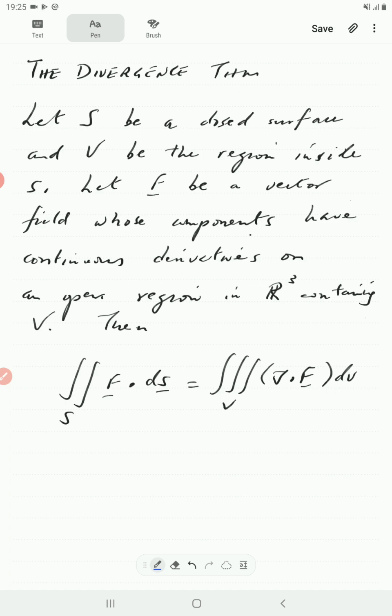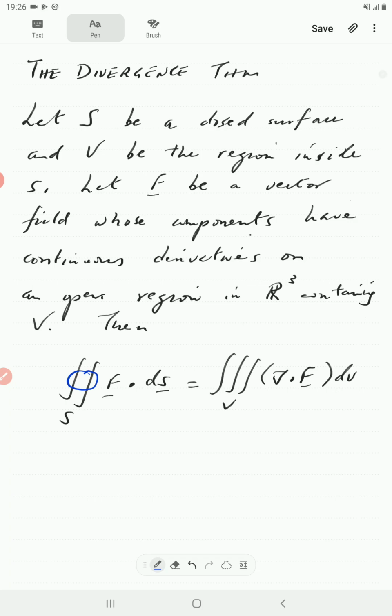This one just gives you a connection between the flux of vector field F through the surface S, and it connects that with the integral over the volume of the region enclosed by S. S here, this time, is actually a closed surface.